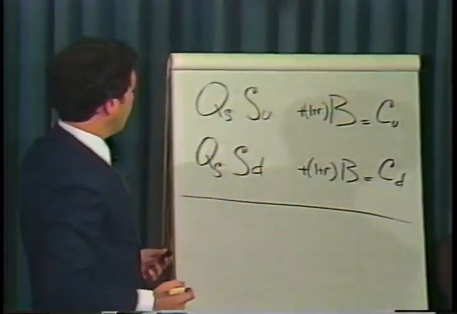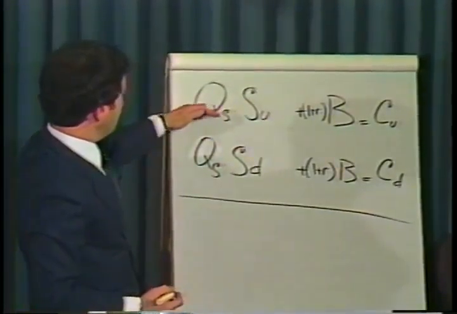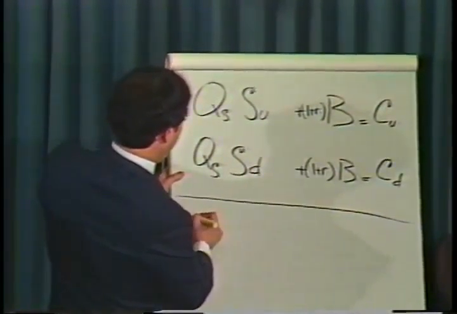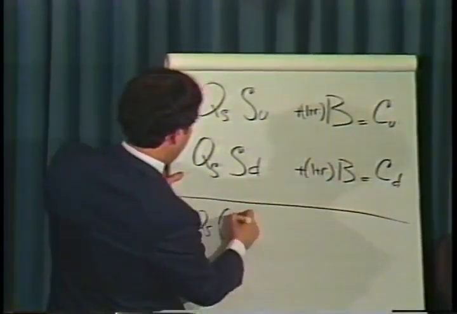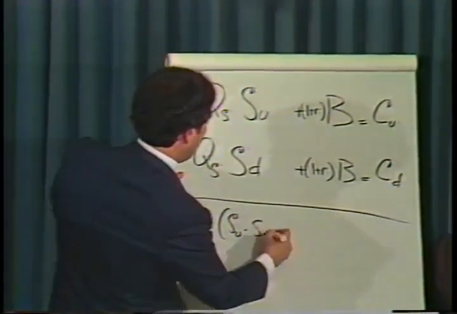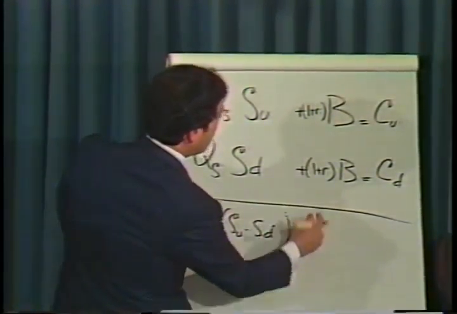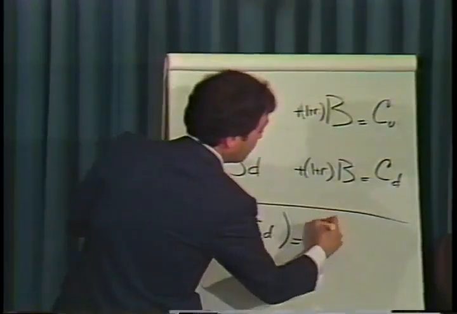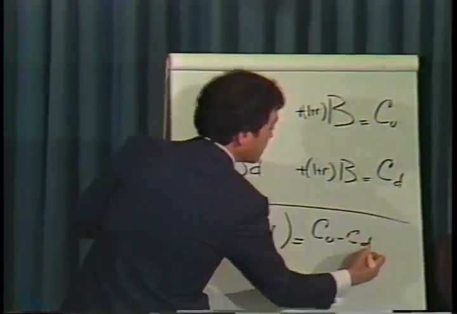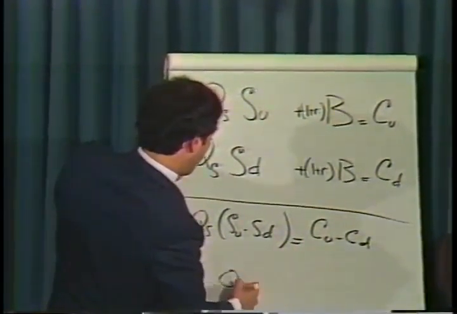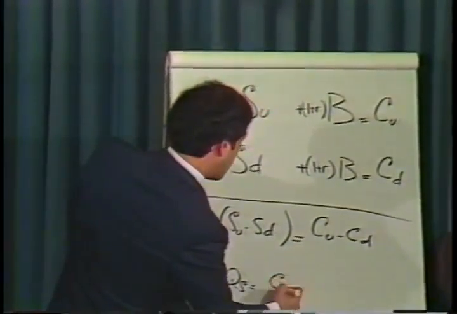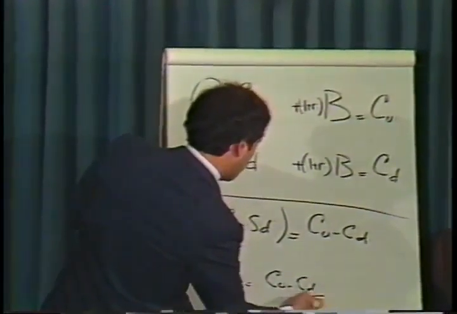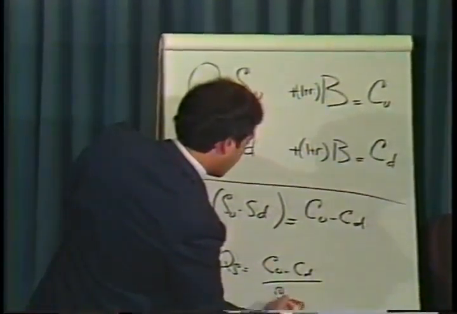We subtract this equation from that equation. And what we have is Q sub S times (S sub U minus S sub D), since these cancel out, equals C sub U minus C sub D. And therefore, Q sub S equals (C sub U minus C sub D) over (S sub U minus S sub D).